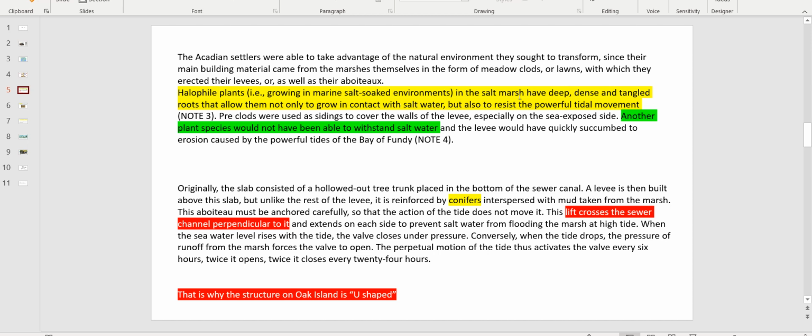And that's where the coconut fiber comes in the picture, because they didn't have anything around natural. There's no swamp around, I guess, Mahoney Bay, and they use what they had at hand. Why did they have coconut fiber at hand? I'll come in a second with that explanation. Another plant species would not have been able to withstand salt water in and out, especially for 200, 300 years.